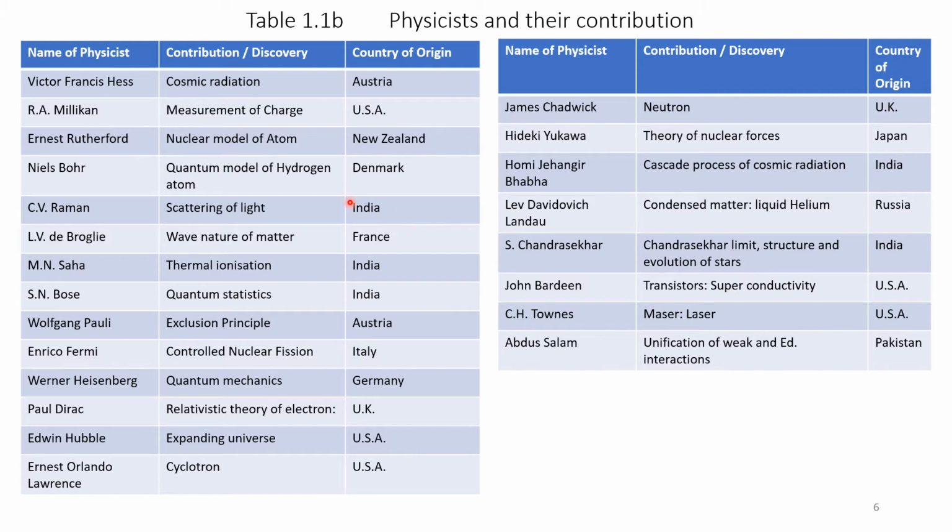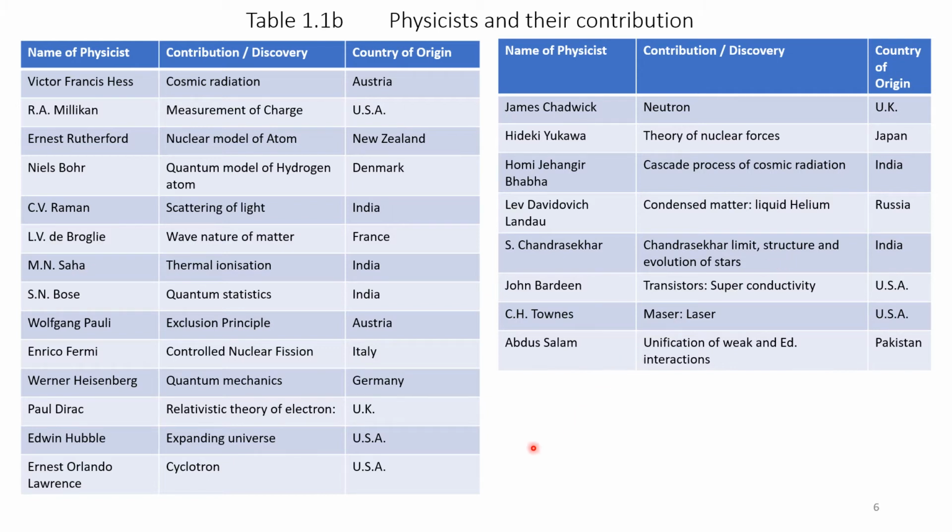Important among them are also given here. Like India, we have M.N. Saha who gave thermal ionization and S.N. Bose gave quantum statistics. And S. Chandrasekhar gave the Chandrasekhar limit, structure and evolution of stars.